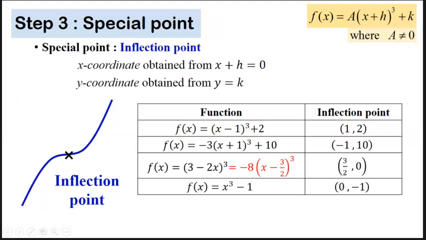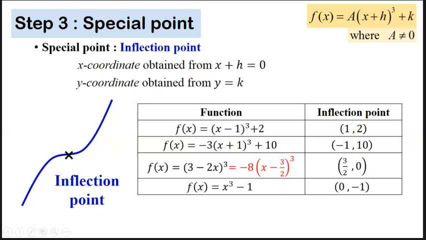Go on. Next, in cubic, the special point we have here corresponds to the inflection point. So the inflection point refers to this point here in the graph. Of course, if it is reflected the other way, it will still refer to the same position here. Okay, so how do we identify the inflection point?